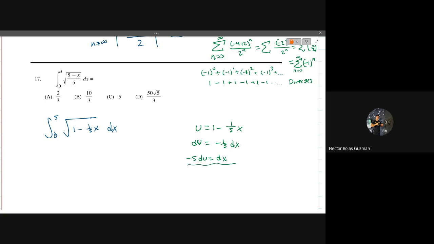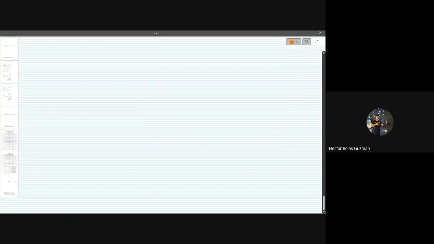And you know what? I'm also going to change my limits of integration. U of 5 equals 1 minus 1/5 times 5, which is, oh, it's no good. Where did my work go? Oh man, this took me all the way to the bottom. Sorry.